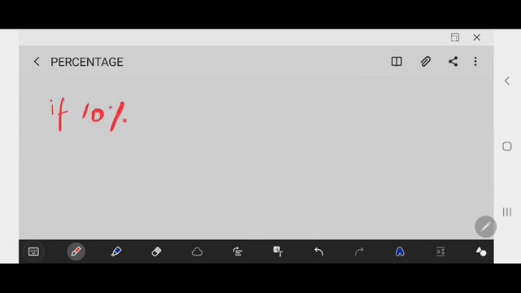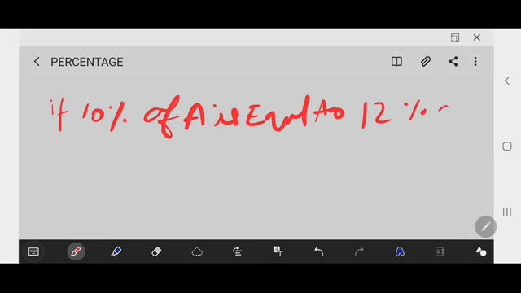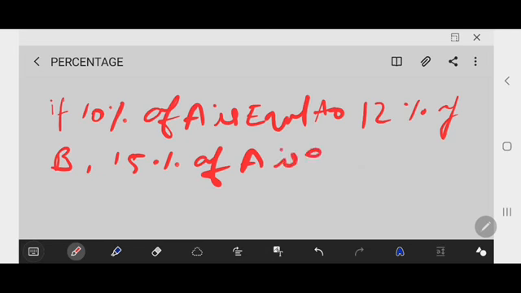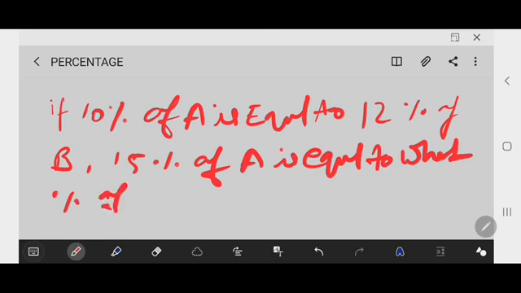If 10% of a is equal to 12% of b, then 15% of a is equal to what percent of b?